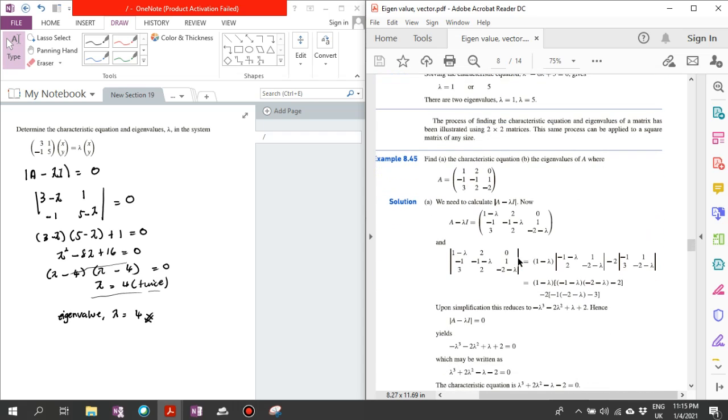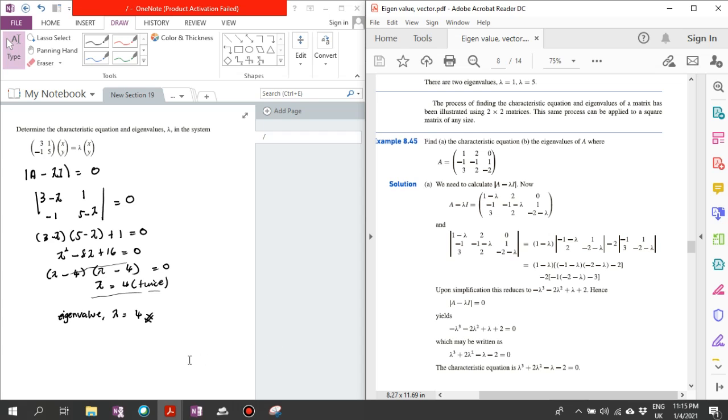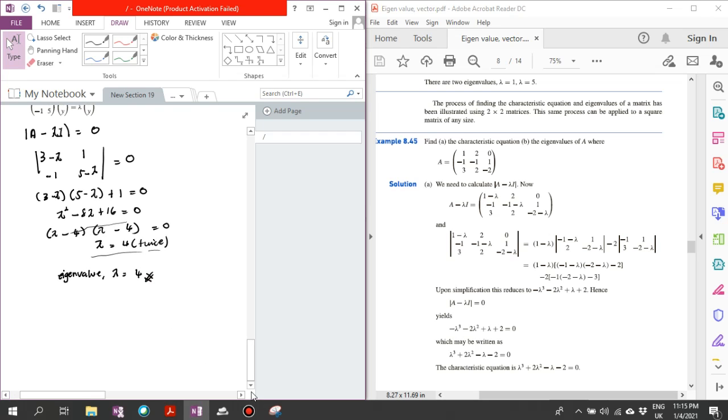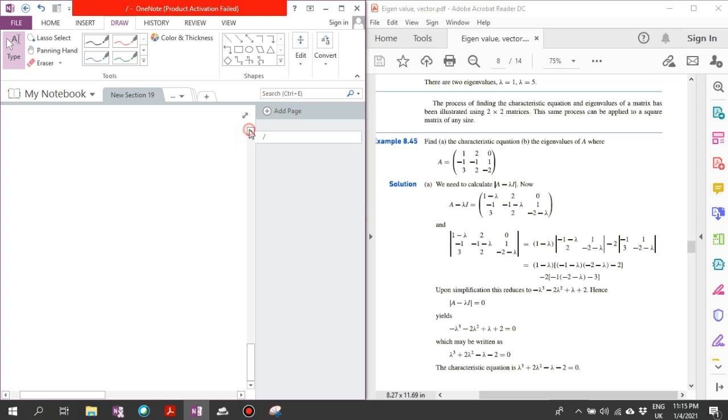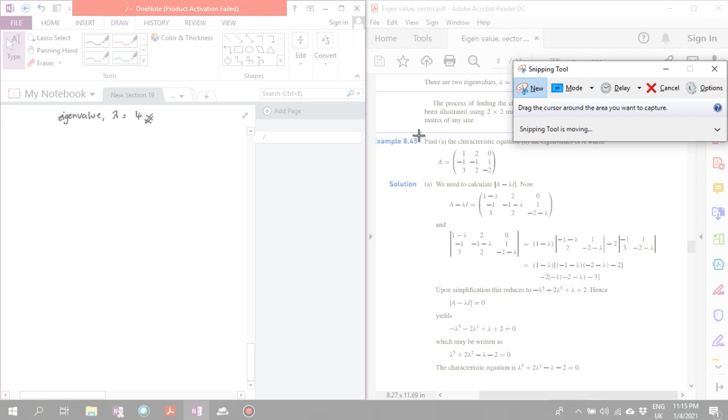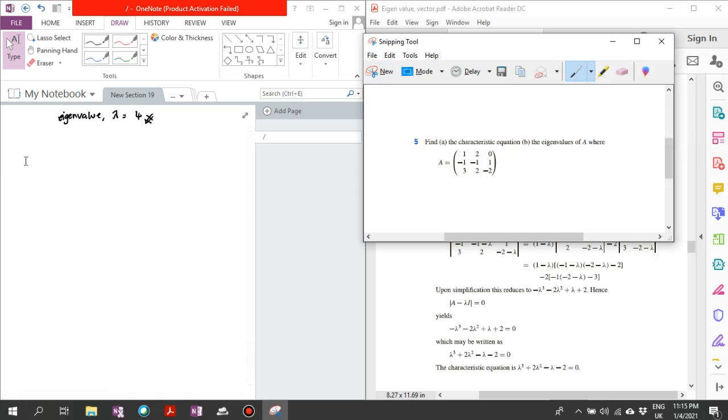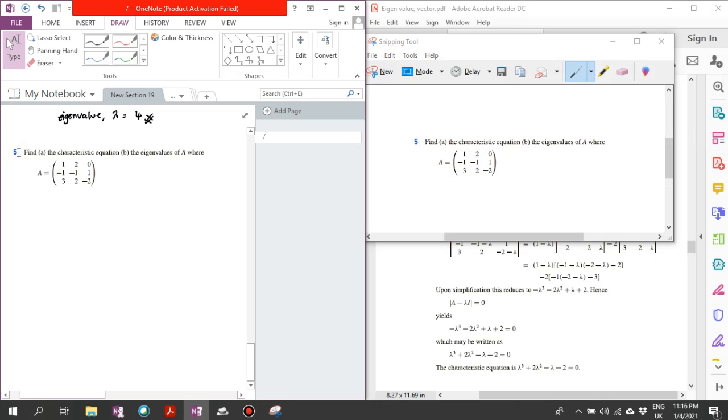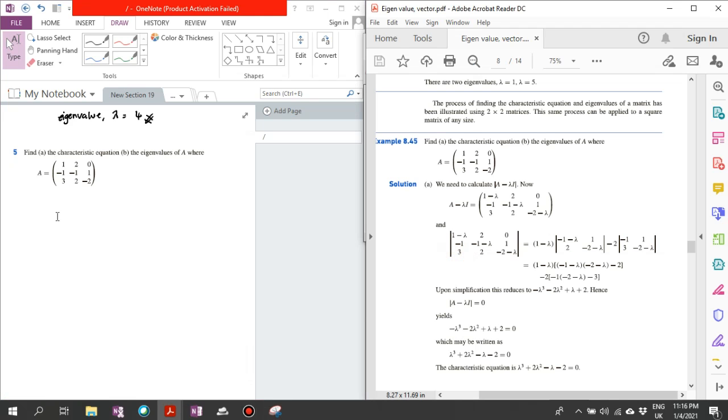What will happen if we have a 3 times 3 matrix to find the eigenvalue? For example, this one. In order to solve this one, we use the same formula, which is the determinant of A minus lambda I equal to 0.